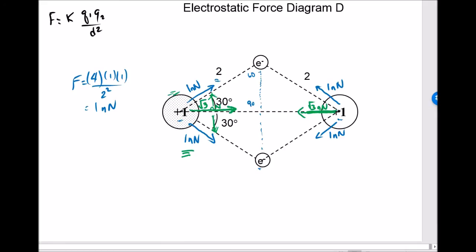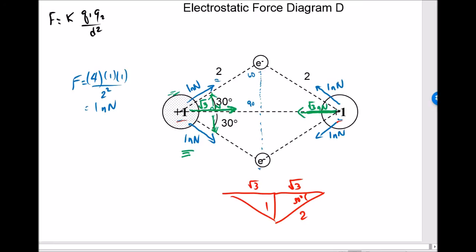They also have a repulsive force, which we can calculate with a little geometry. If you understand the nature of a 30, 60, 90, if this distance is 2, this distance is 1, this distance is square root of 3. So the distance in my diagram is 2 square roots of 3, the distance between the 2 nuclei.